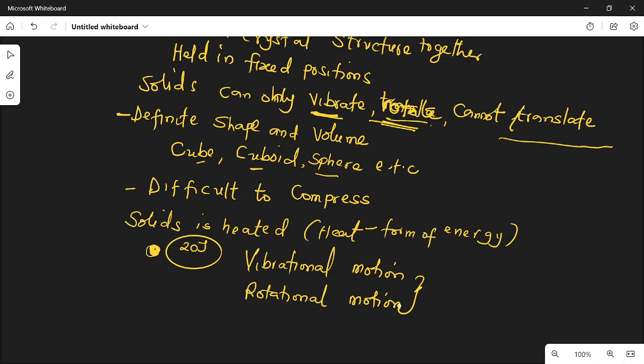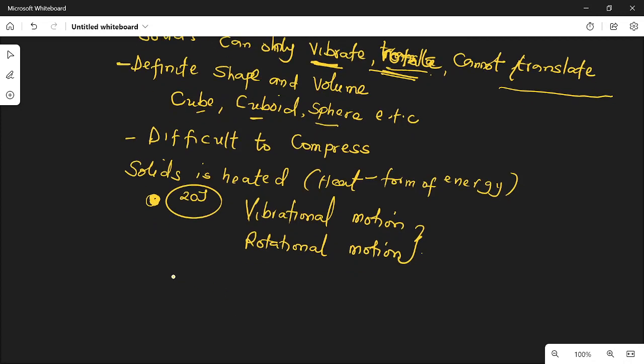So at that increment in vibrational and rotational motion, as you increase and increase the energy, it will get to a point where the vibrational and rotational motion will overcome the binding force.